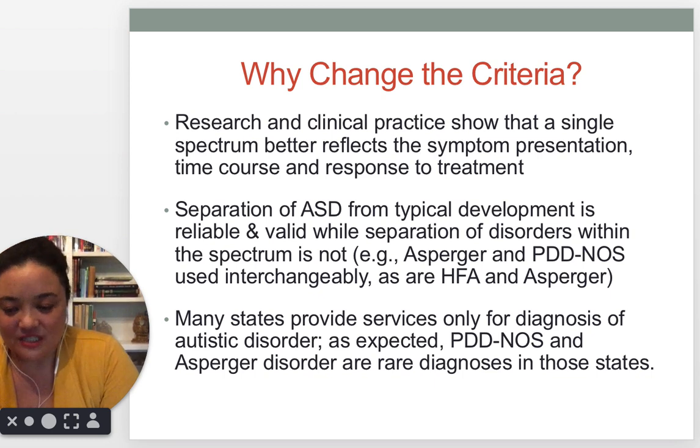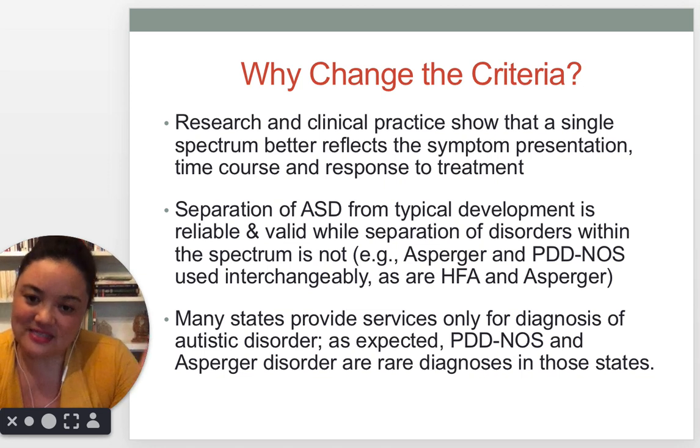So the difficulty was that clinicians weren't reliably diagnosing these separate categories, and oftentimes they were being used interchangeably, such as saying I have high functioning autism versus Asperger's, right? So that's another argument for making one big umbrella category, because the diagnosing of these subtypes was not reliable, right?